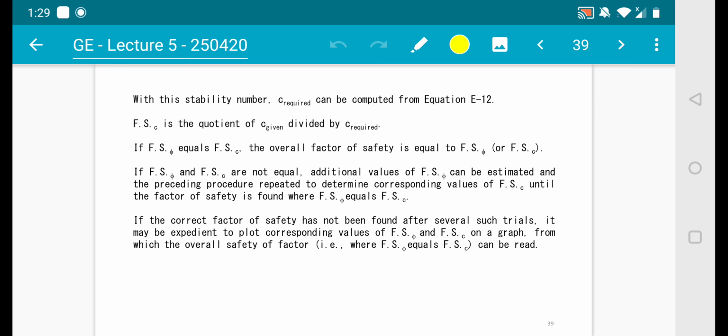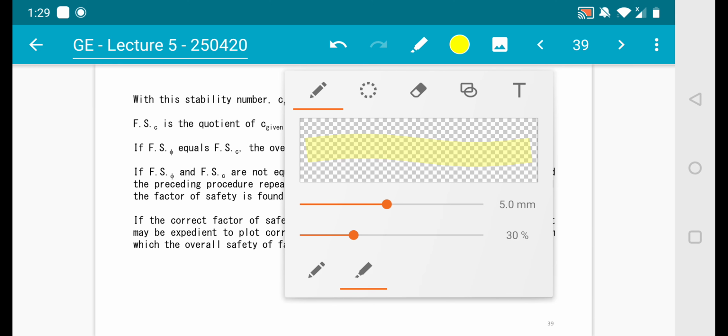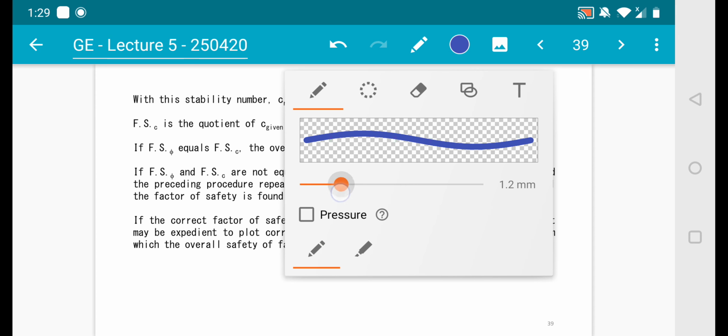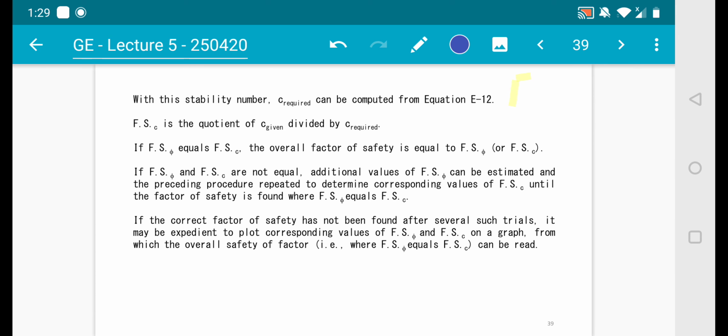Okay, let's make a conclusion. With this stability number, the cohesion required can be computed from Equation E12. The factor of safety due to cohesion is the quotient of cohesion given divided by C required. If you want a more understandable approach, you just write FSc equals C given over C required.